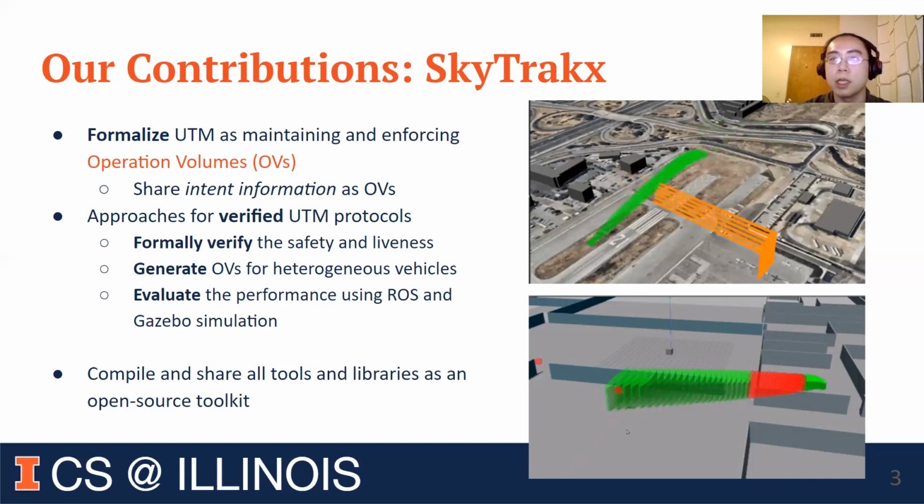As we can see, the operation volumes can show that the fleet of drones passes through the runway even before the airplane approaches. This is how you exchange the intent and plan the operations. And on the bottom, it is showing how a drone can follow its proposed operation volumes.